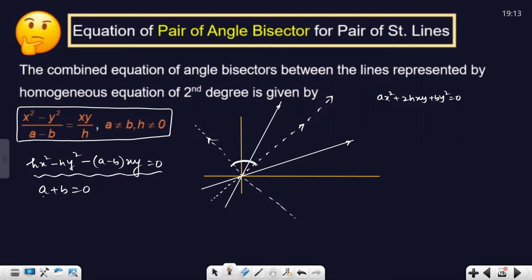What is a? Coefficient of x square. And what is b? Coefficient of y square. Here the coefficient of x square is h, coefficient of y square is minus h. So if you add it up, you are going to get 0. It implies that the angle between these two angle bisectors is nothing but 90 degree.